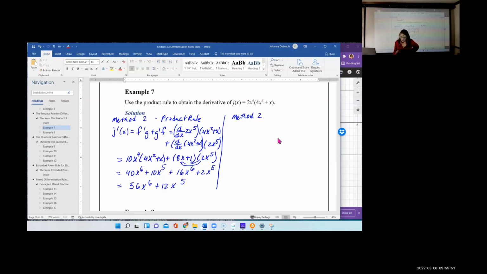All right, did I do that right now? 10x to the 4th, 8x plus 1. Okay, so check my algebra again, make sure I got that right. That's your job, is to check the algebra. Method 2 is just to multiply out first.